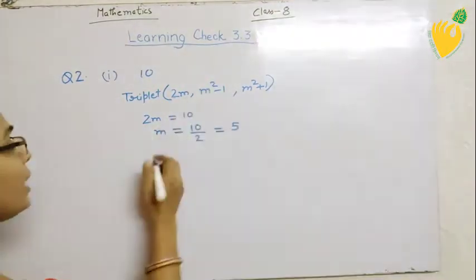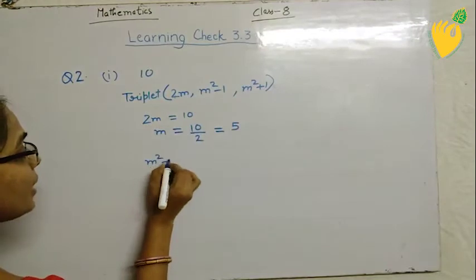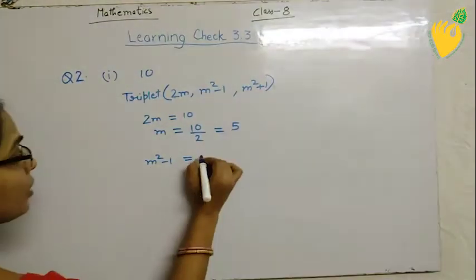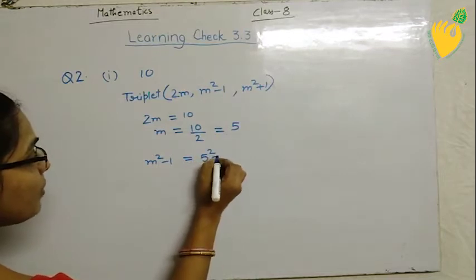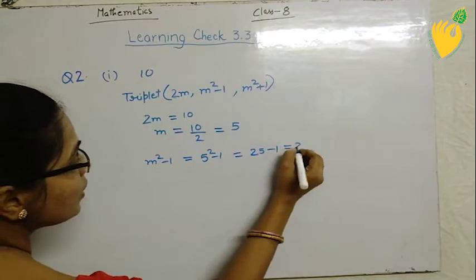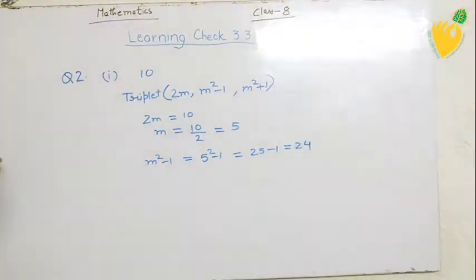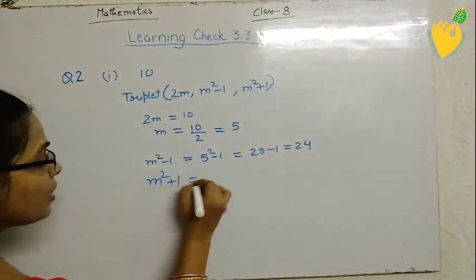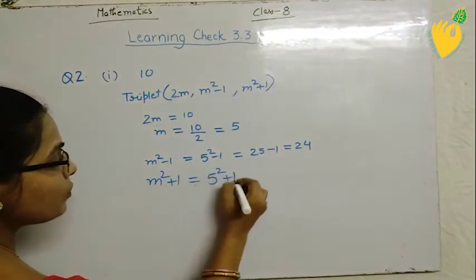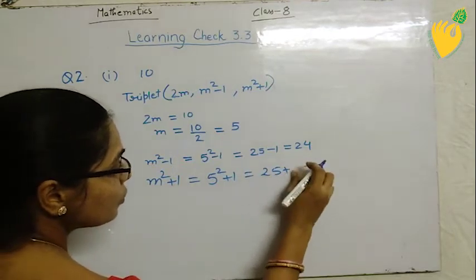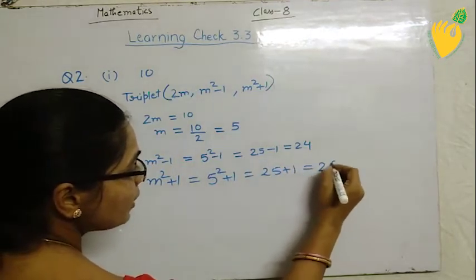Next, you have to find the value of m squared minus 1. And the value of m is 5. You can write 5 squared minus 1 is equal to 25 minus 1 equals 24. And the next one is m squared plus 1 equals 5 squared plus 1 is equal to 25 plus 1 is equal to 26.